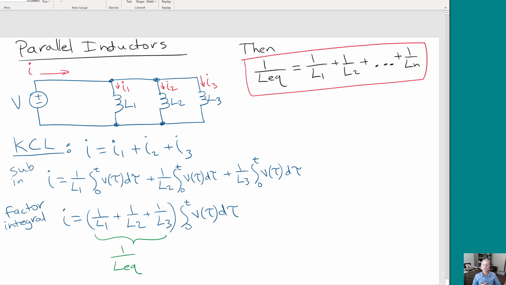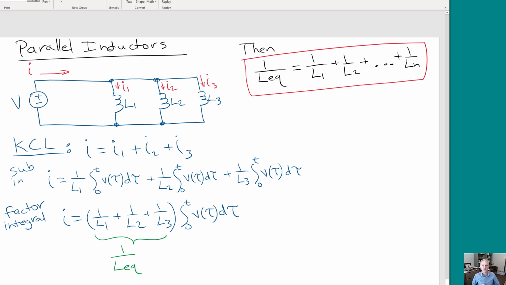And then we can say that the equation for parallel inductors is 1 over L equivalent being equal to 1 over L1 plus 1 over L2 plus 1 over however many inductors we have in parallel until we get to the last one.